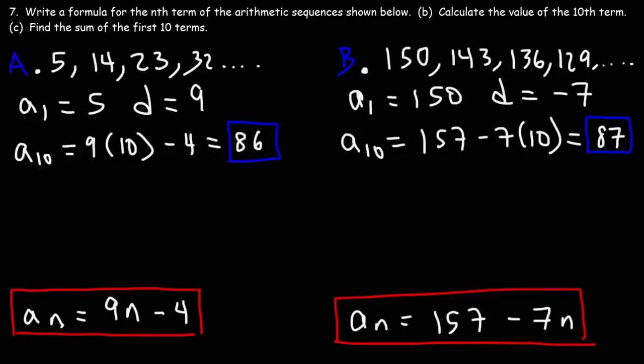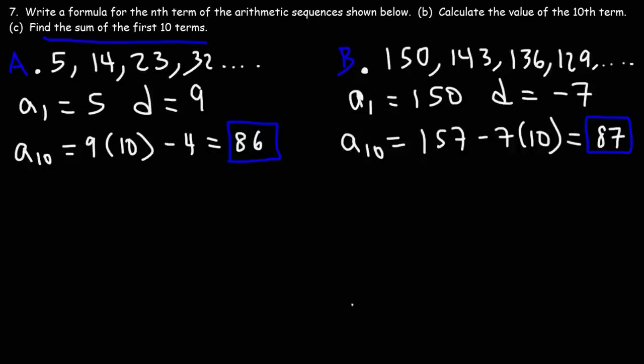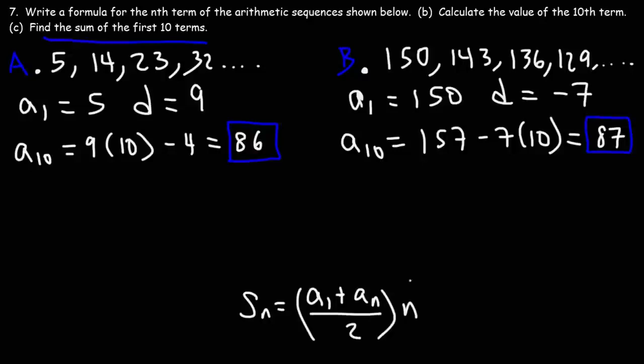Now let's move on to part C. Find the sum of the first 10 terms. So in order to find the sum, we need to use this formula. S sub n is equal to the first term plus the last term divided by 2 times the number of terms. So if we want to find the sum of the first 10 terms, we need a sub 1, which we know is 5.